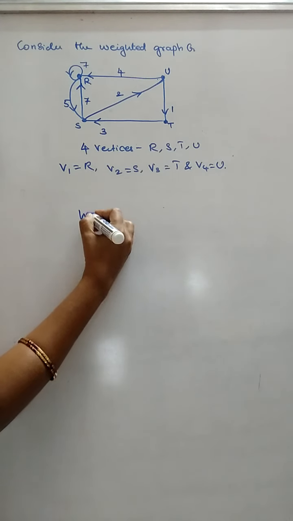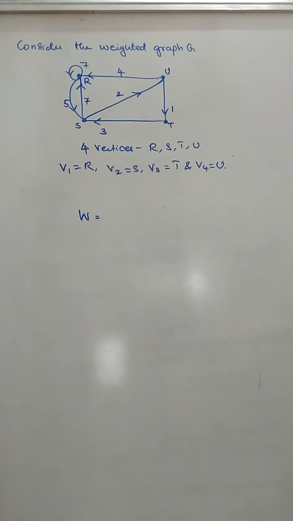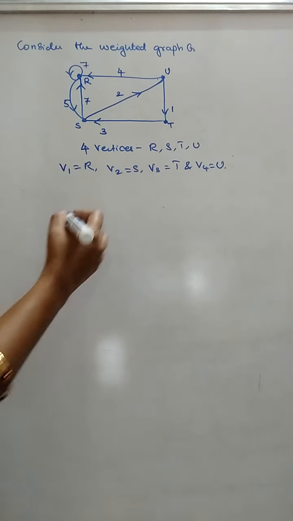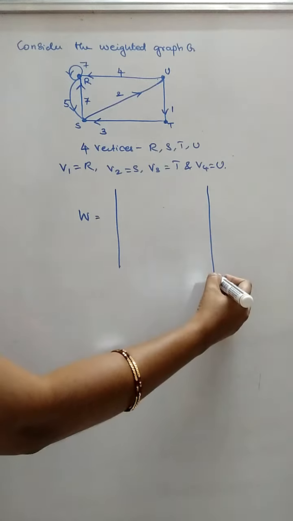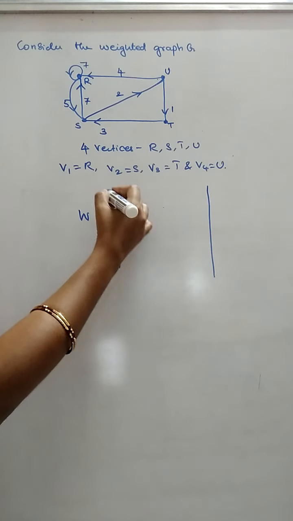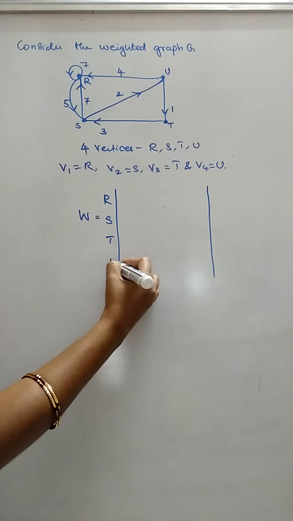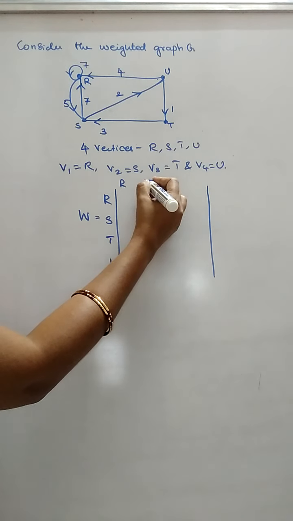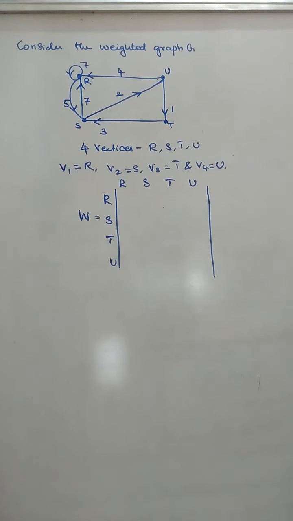So for deriving the weight matrix, I am going to define one matrix W, in which I am going to consider the 4 vertices R, S, T and U as rows, and here also R, S, T and U as columns.